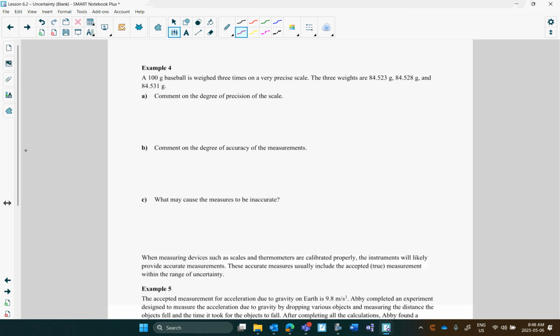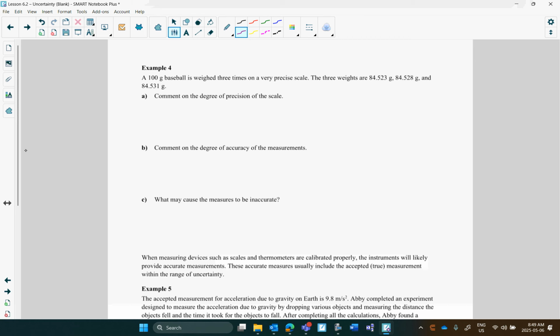So a 100-gram baseball is weighed 3 times on a very precise scale. The 3 weights are 84.523, 84.528 grams, and 84.531 grams. Would you say this is precise? Are the 3 measurements pretty close to each other? Yeah. It's not going to be perfectly precise, but 84.523 and the next are only 0.005 apart.